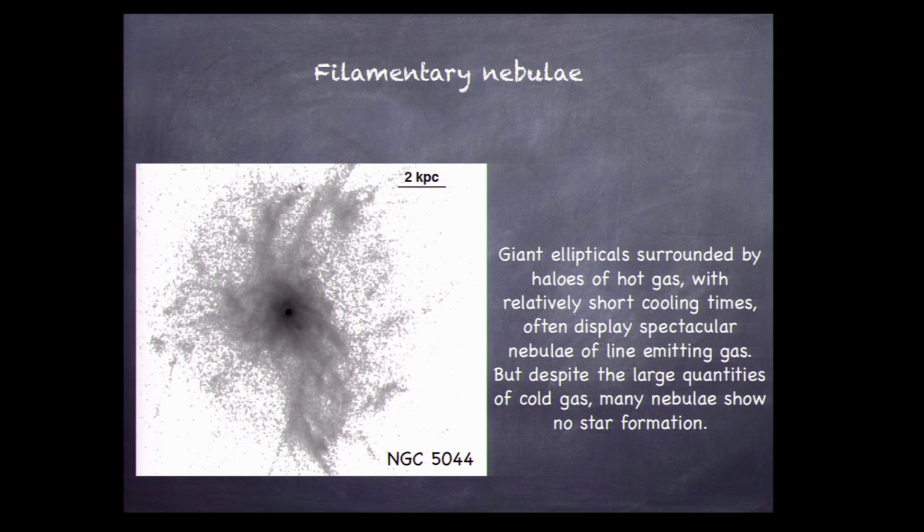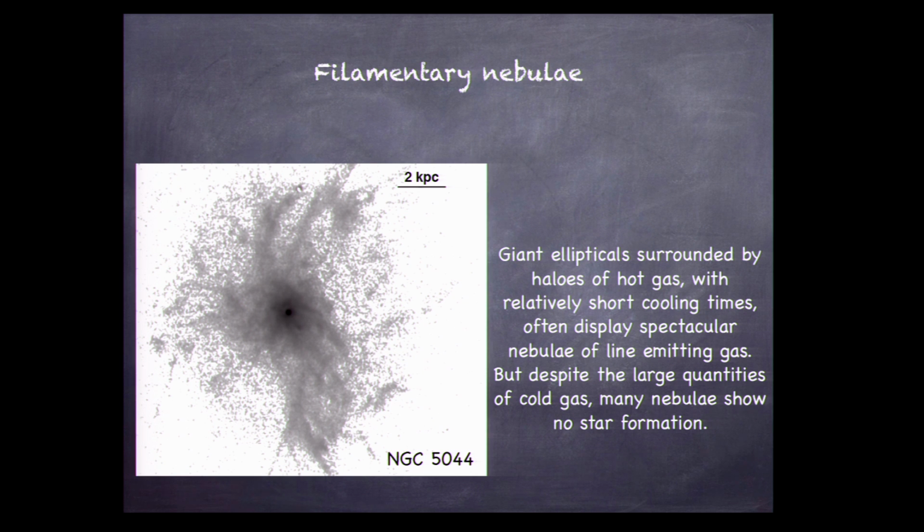But these H-alpha filaments are not associated with any star formation. So here, the ionization and heating mechanism which heats this 10,000 Kelvin gas that shines in H-alpha is not star formation, it's something else. And what it is is part of what we want to solve here.